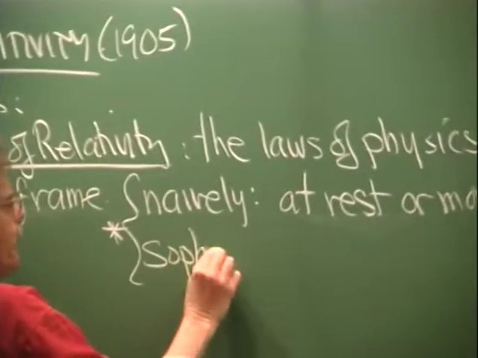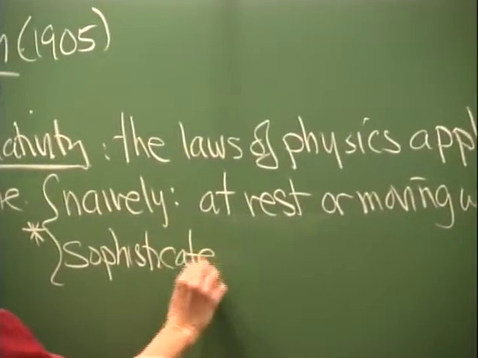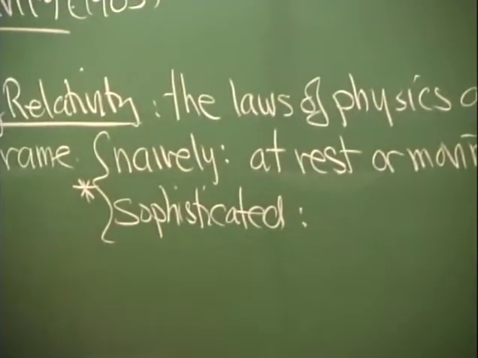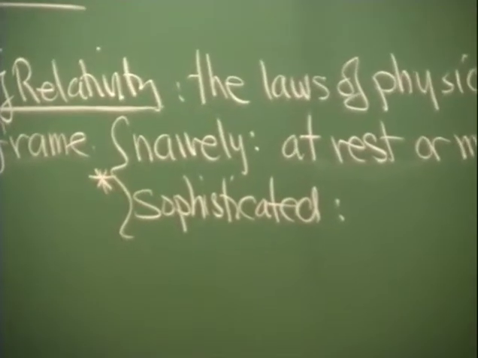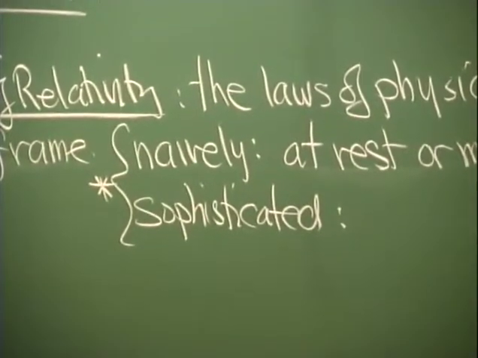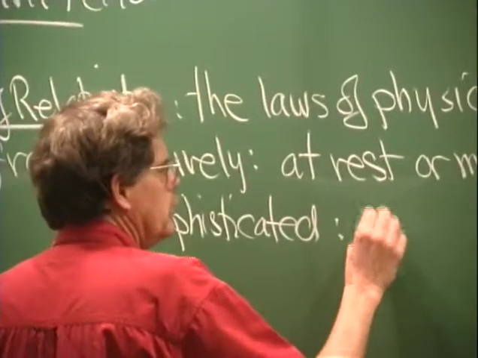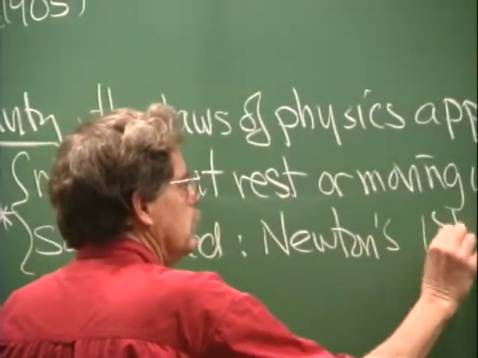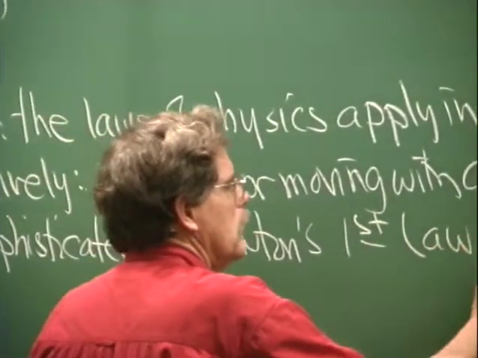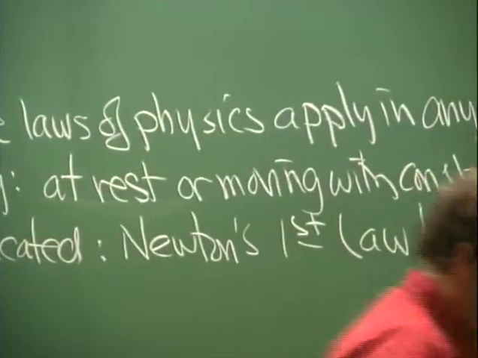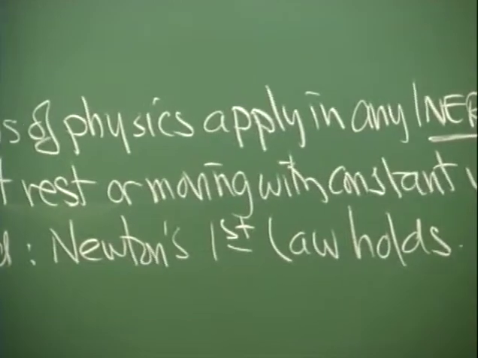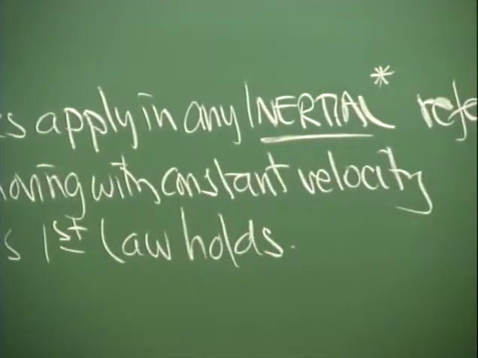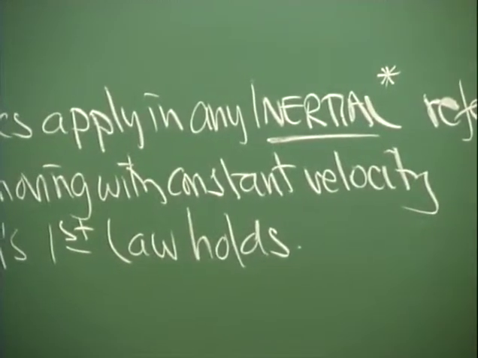The more sophisticated definition of an inertial reference frame is that it's one in which Newton's first law, the law of inertia, holds. That is, it's a reference frame in which objects going with a constant velocity keep on going with a constant velocity unless acted upon by some force.